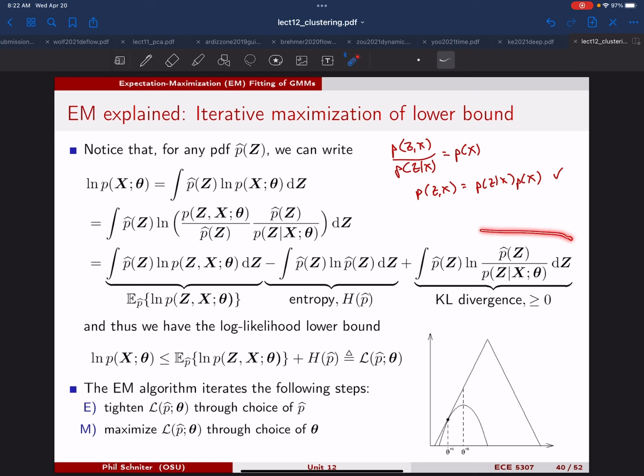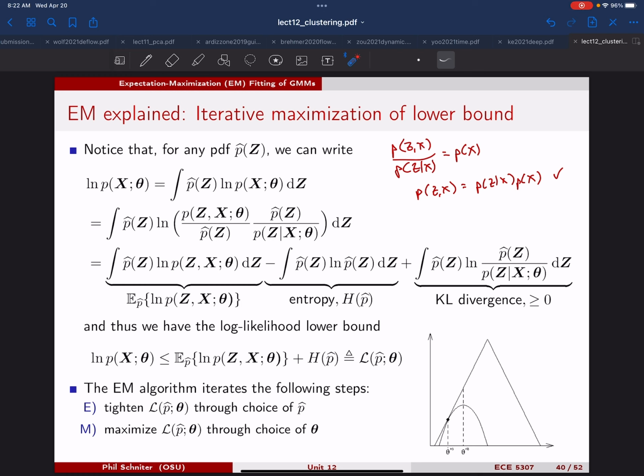There's another term that comes from information theory here called the Kullback-Leibler divergence. And this is a way to compare two different densities. In particular here, it's being used to compare P hat to PZ given X. The property of this KL divergence is that whenever the two densities are equal, the KL divergence is exactly 0. And the more different those densities are, the larger the KL divergence becomes.